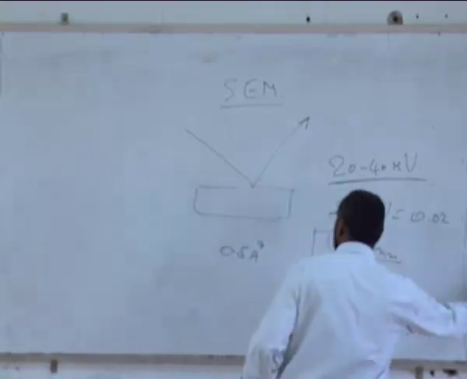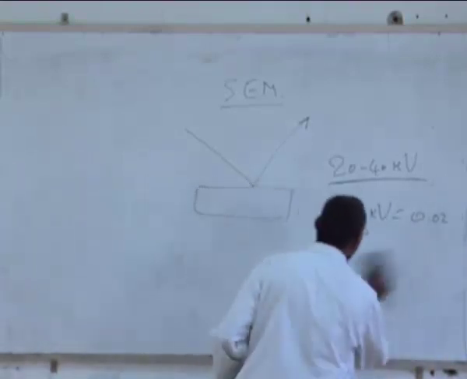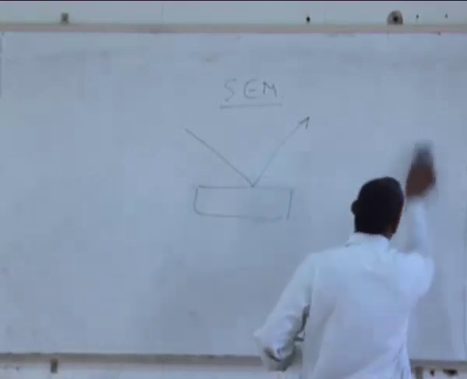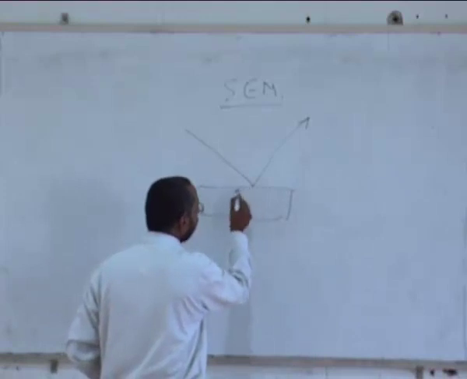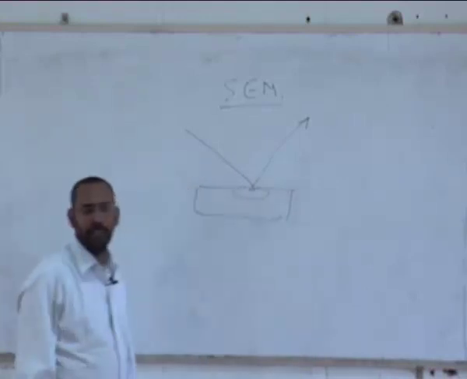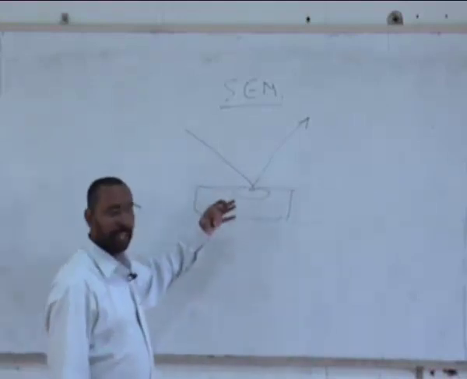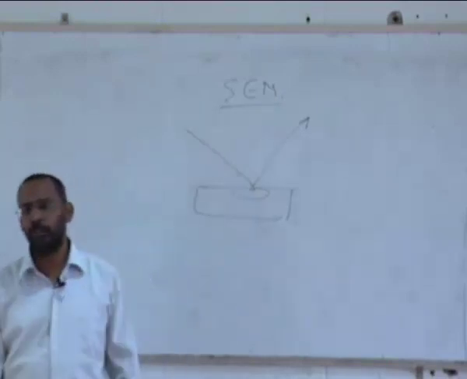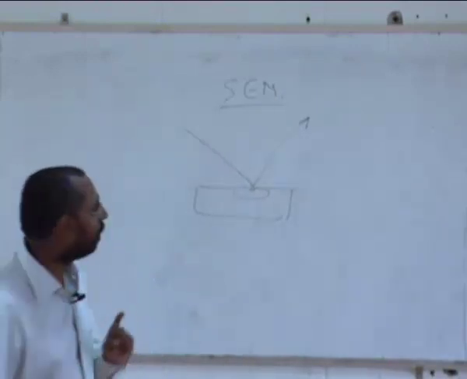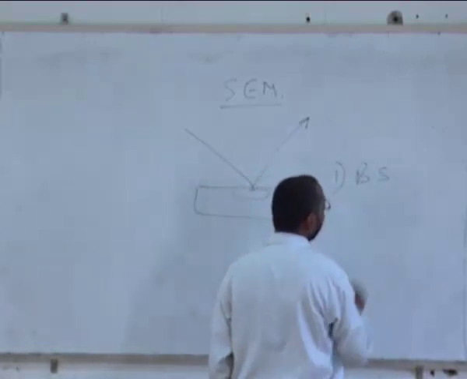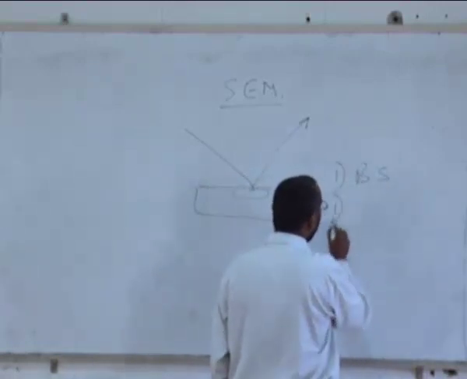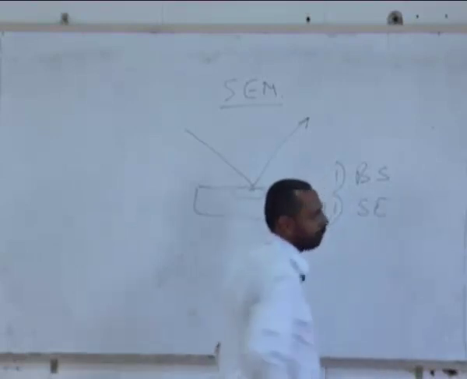So what we do in this is that when an electron beam falls on this, it interacts with the electrons present inside the material, and the scattered beam that is coming out is generally of two types. One is called backscattered, another is called secondary electrons.